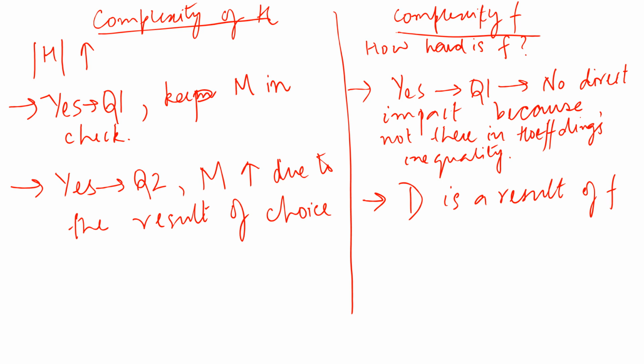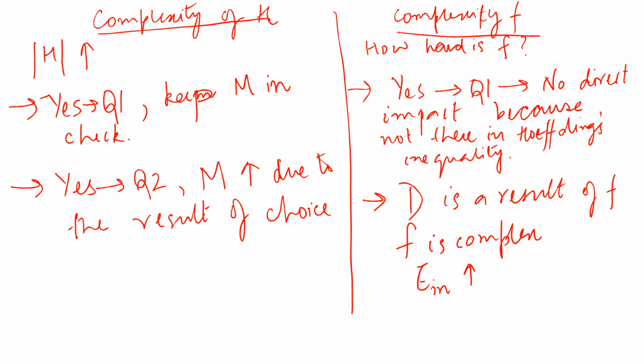So if f is complex, then data from a harder f is difficult to fit, making E in worse. If f is complex, E in will go up, because it is going to be a harder target function. It's going to be difficult to learn. No matter what I do, E in is going to get worse.